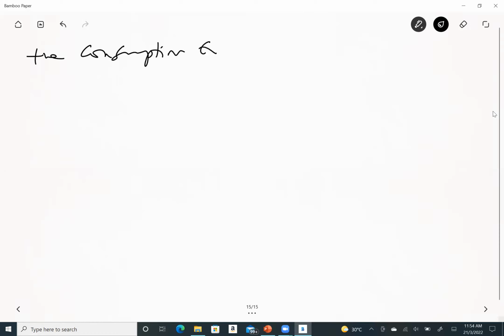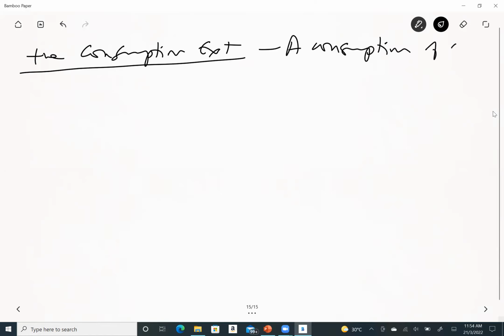So here, the consumption of a good by one party generates benefit to third parties. When you say generate benefit, it is positive, unless you say negative benefit.